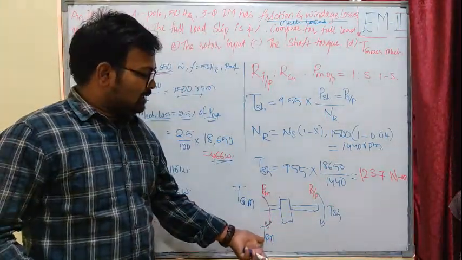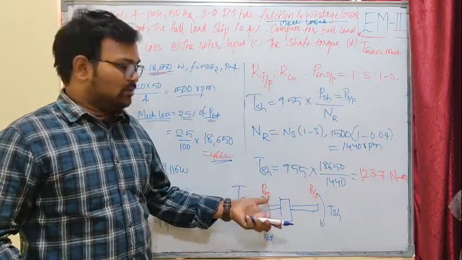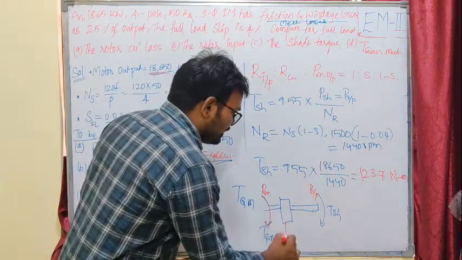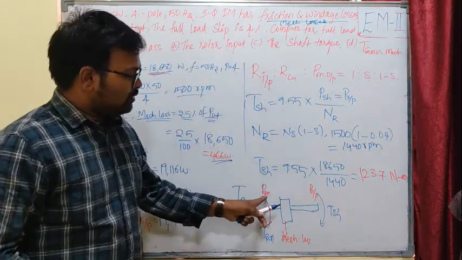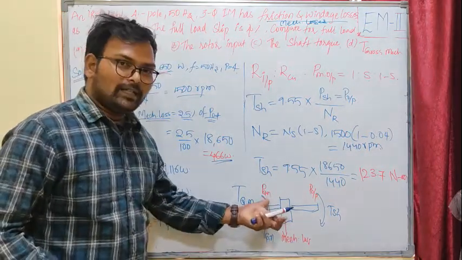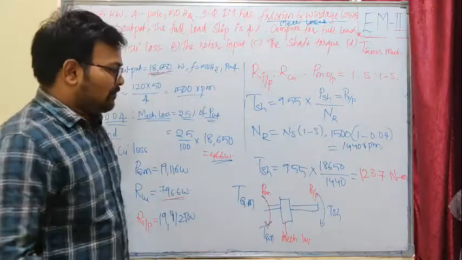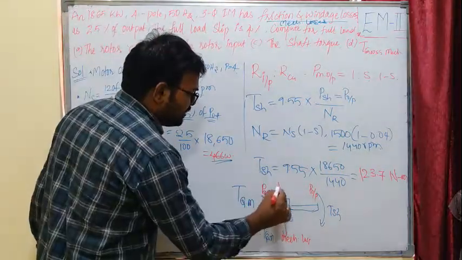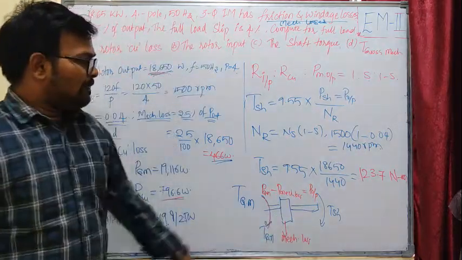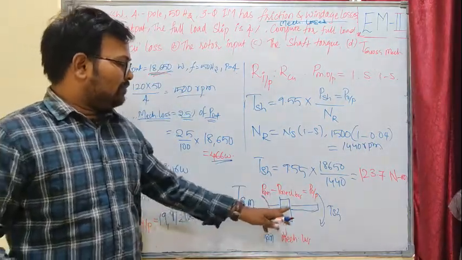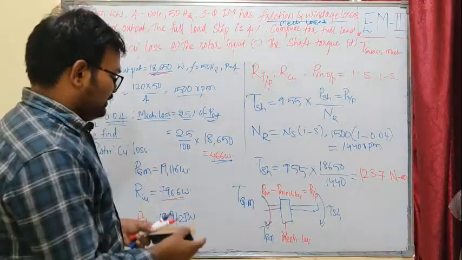In between these two there will be mechanical losses, friction and windage losses. So you have to subtract mechanical losses from the gross mechanical power output in order to get our output power. That means this torque will be more compared to my shaft torque.